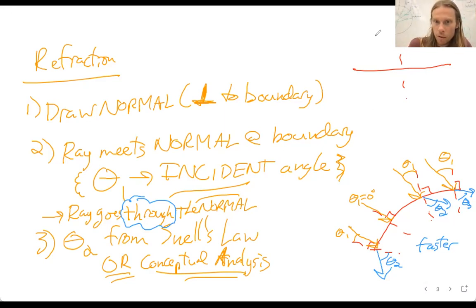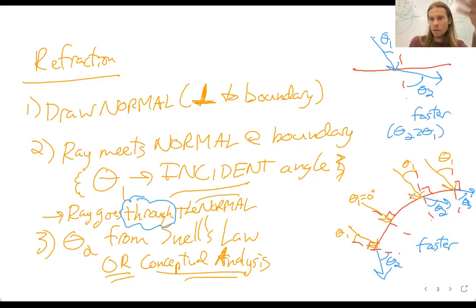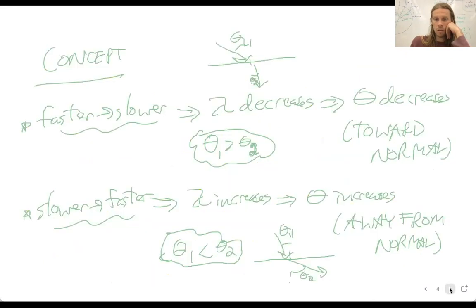Draw the normal to the boundary. Again, here's your theta 1. It goes through. It doesn't bounce off. We'll say this is a faster medium. So this is faster, that means theta 2 is bigger than theta 1. It's bigger, no matter what geometry. Normal at the boundary. Theta 1 incident, the ray goes through the normal, theta 2 on the other side, from Snell's law or conceptual analysis.